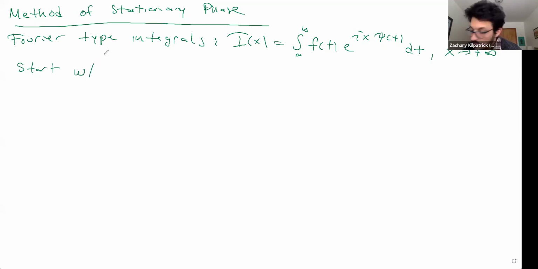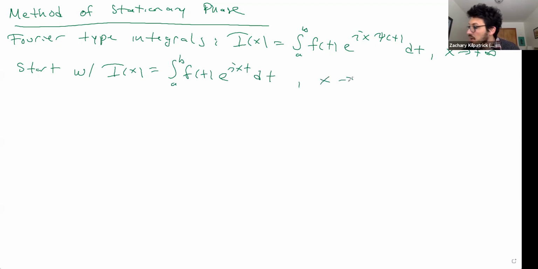So if we start with a simpler form of integral, like just I of x equals the integral between a and b of f of t e to the i x t dt as x goes to positive infinity, we'll make a couple of assumptions in order to make a statement about how we might approximate this integral.